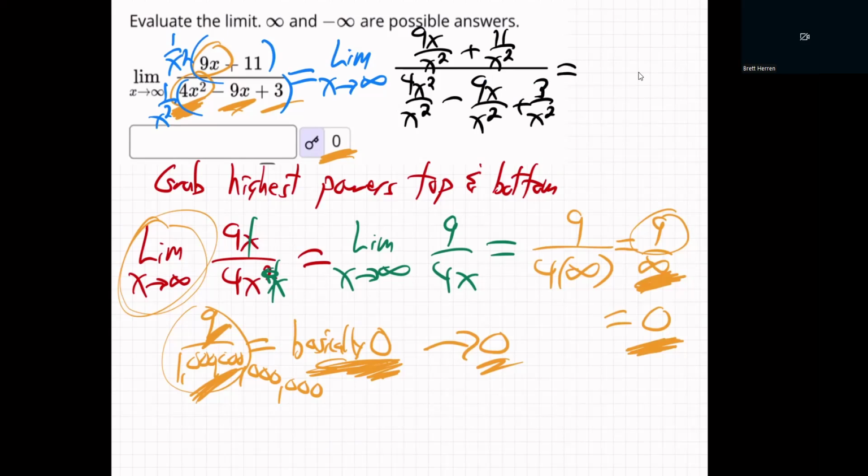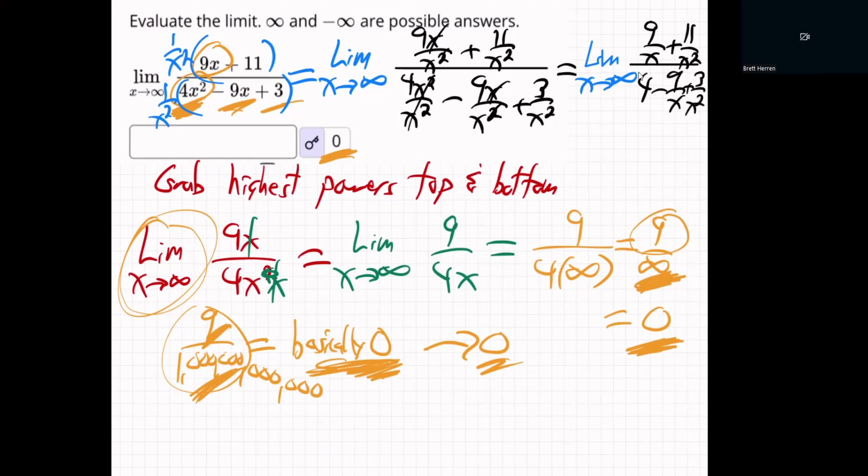Well, if you reduce those, it's going to be the limit as x goes to infinity. What do we have left? So what's going to happen here? This will cancel this. This will be 9 over x plus 11 over x squared. These are going to cancel, 4 minus 9 over x plus 3 over x squared.